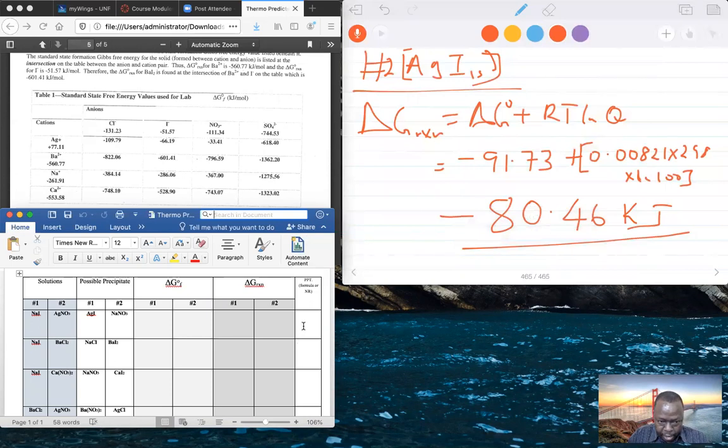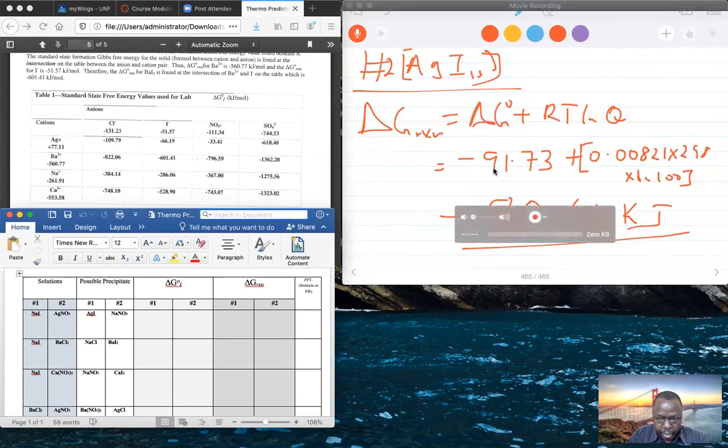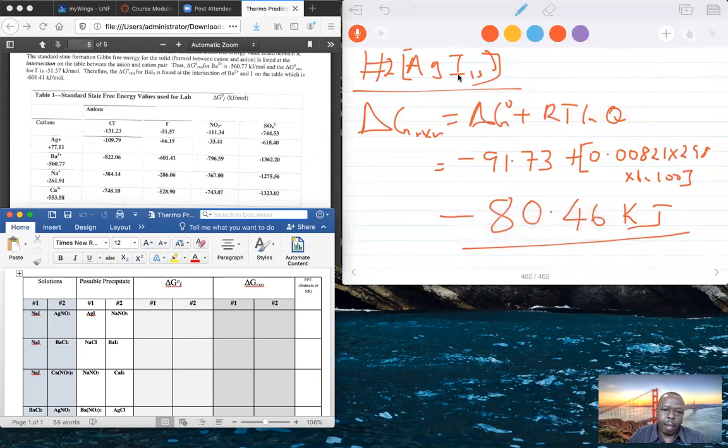And what I'll write here is the chemical formula. The chemical formula for my precipitate is silver iodide, AgI, and you are done with that. Suppose I end up with a positive, then I'll write NR.